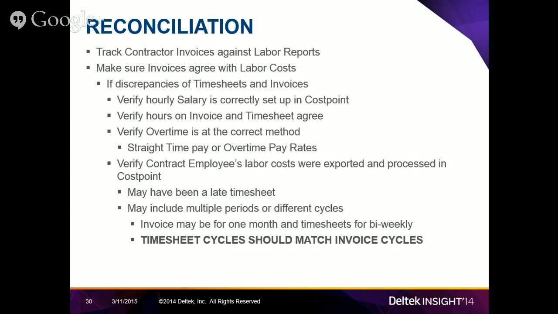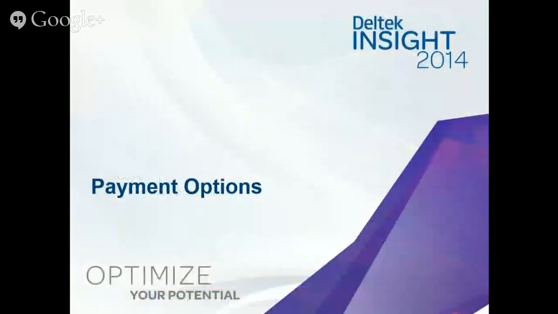Okay. Now the payment options. One of the many issues is how do I pay these guys now that I do it? Do I pay them through AP? How do I actually deal with that?